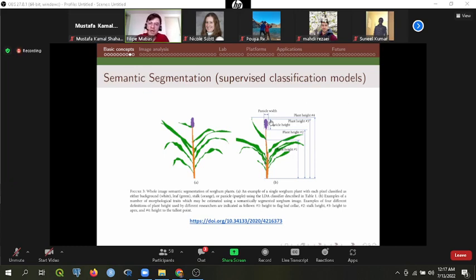For example, once the algorithm could classify the panicle, it's possible to calculate the leaf angle, the plant height, and the panicle height. Many other traits were until now very hard to calculate or even evaluate for plant breeding.